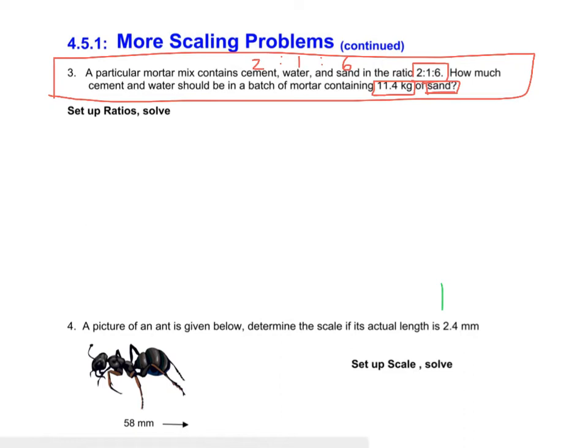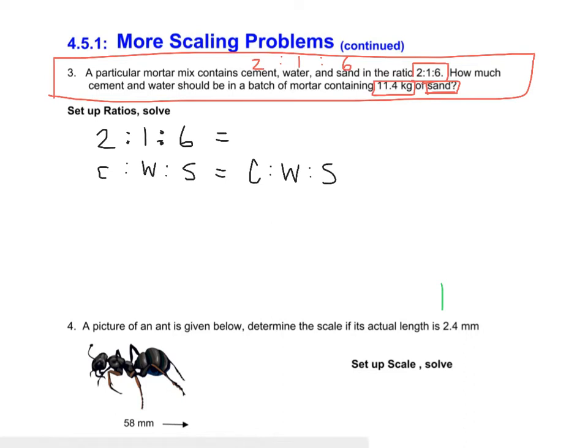So let's set up this ratio. I'm going to first take the first ratio of 2:1:6, and remember this is the cement to water to sand ratio, and I'm going to make that equal to, on the other side, also cement, water, and sand.